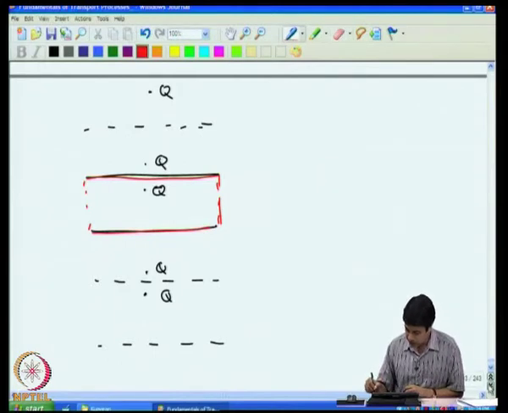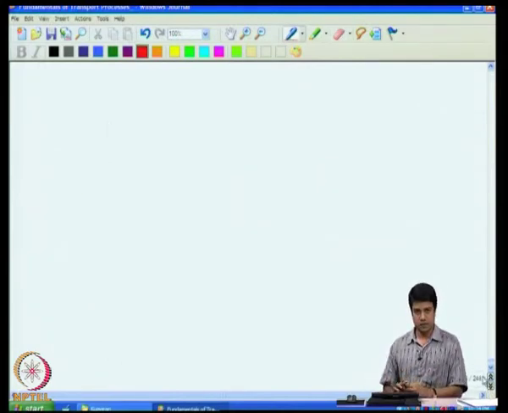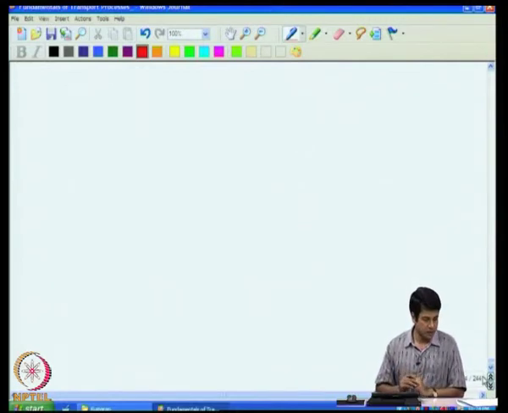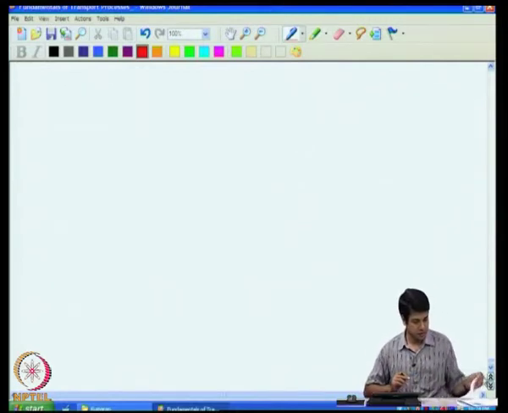Now, formally the Green's function formulation works as follows. I will just explain to you the formal way in which the Green's function formulation is written down.